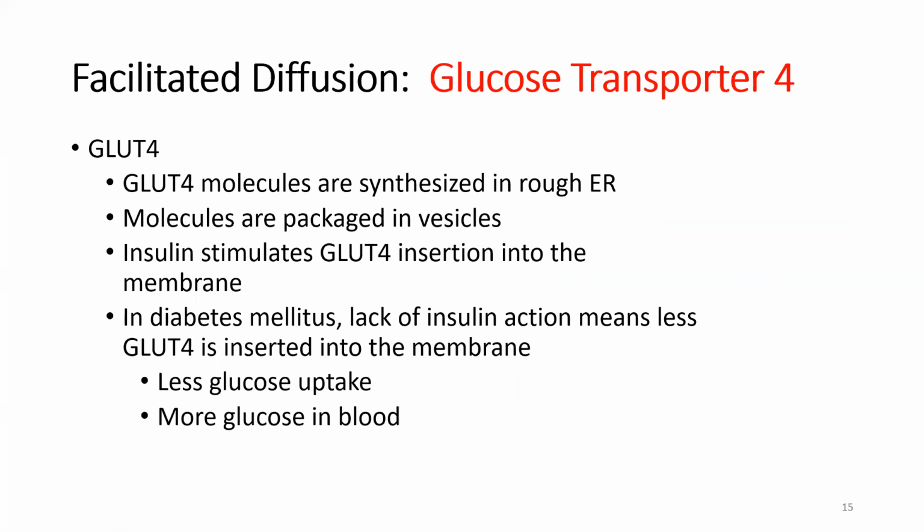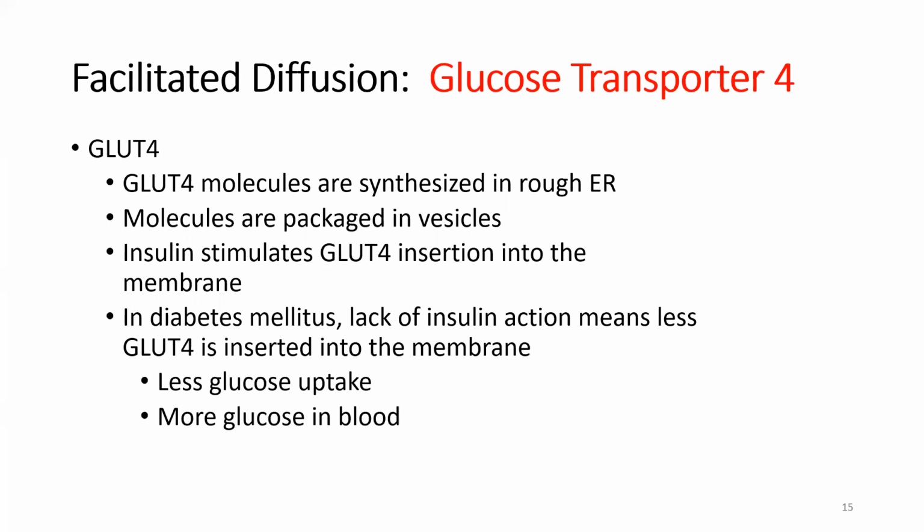It's packaged in vesicles. And so it goes to the membrane and embeds itself in the membrane. Now, when we ingest glucose, this rises or spikes our insulin levels. And insulin is the hormone that is responsible for upregulating or inserting more GLUT4 transporters into the membrane of cells so that we can appropriately uptake that glucose that's in our bloodstream.